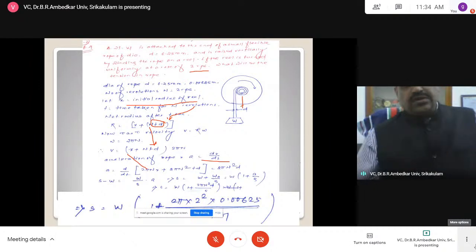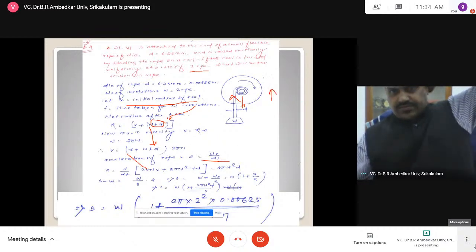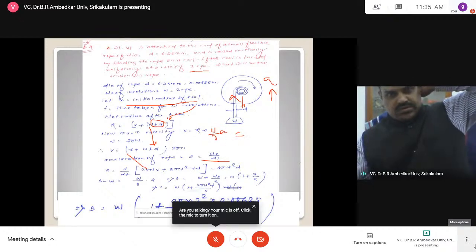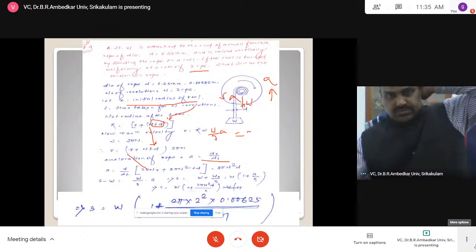See, this is the weight acting downwards. The tension in the cable is this, and this is moving upwards. From that, in the direction of acceleration, W by g into a is equal to tension S minus weight.